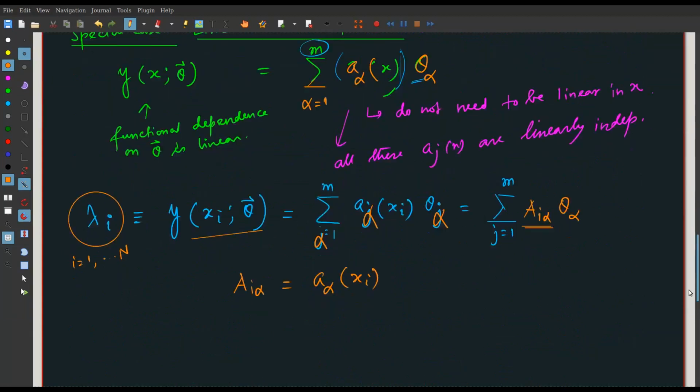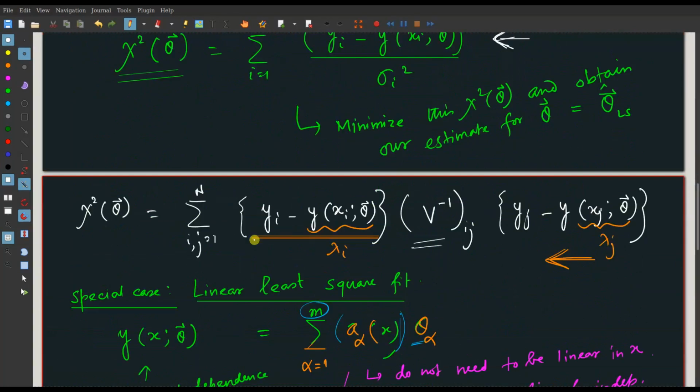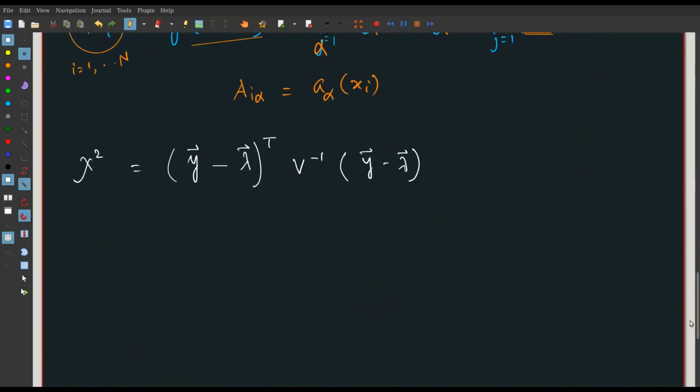So what we could write is that the chi-square would be given by the y vector minus the lambda vector, the vector of predicted values, transpose, then V inverse, and then y minus the lambda vector. So this is the row matrix, this is the column matrix, and this is the square matrix in between. You have this in matrix notation so that things are a bit easier to handle.